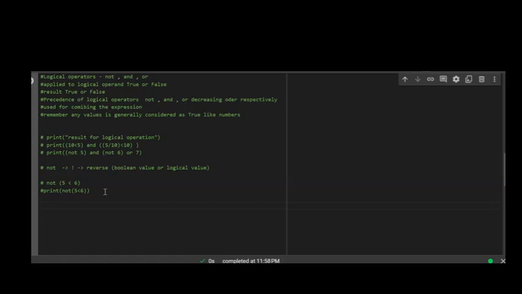Now, not is the reversal of whatever the logical value is, true or false. If true, false; if false, true. That's fine, that's not something to be discussed further. Now we'll talk about the and operator.